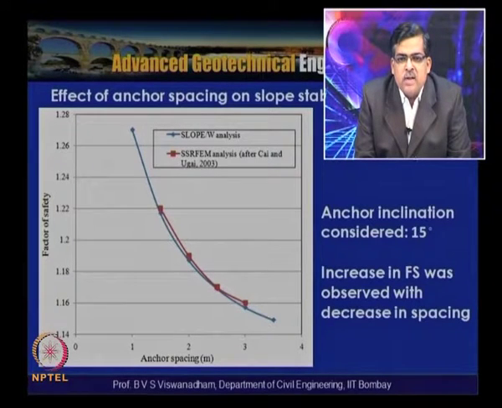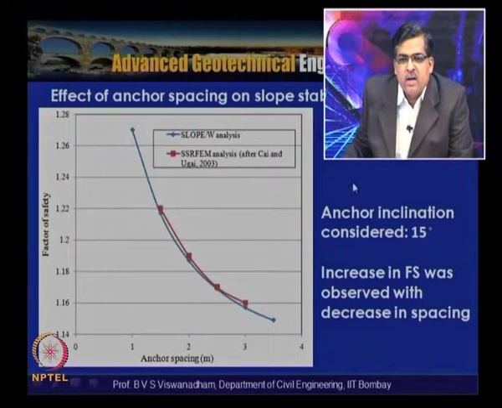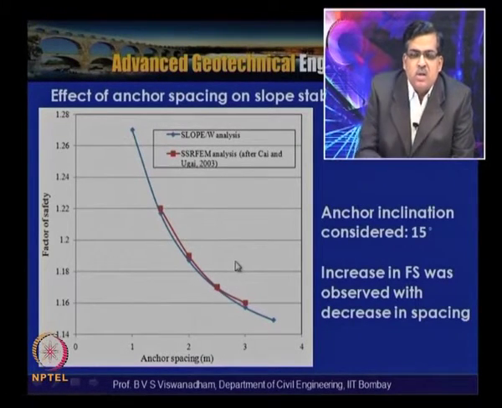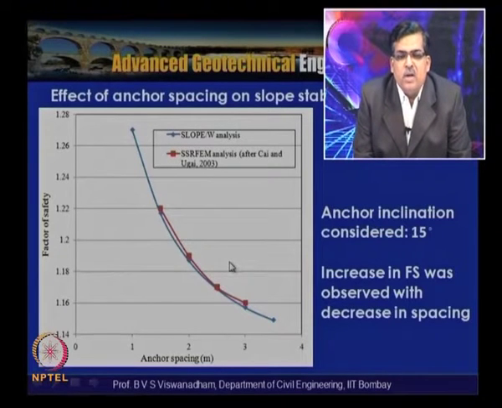In this particular slide the anchor inclination considered is about 15 degrees. For 15 degrees anchor inclination, it can be seen that there is a decrease in the factor of safety with an increase in the anchor spacing. So an increase in factor of safety was observed with a decrease in spacing. It appears that for a given anchor inclination, an anchor spacing between 1 to 1.5 meter for the given slope inclination is found to be ideal.